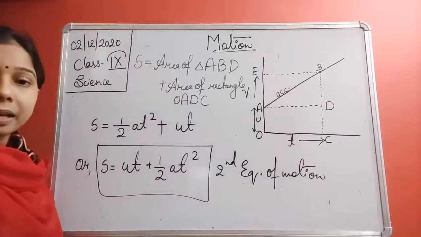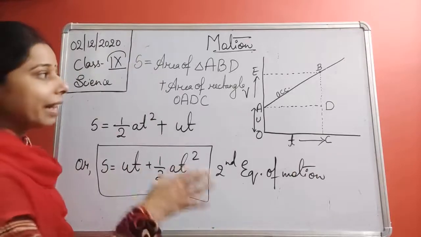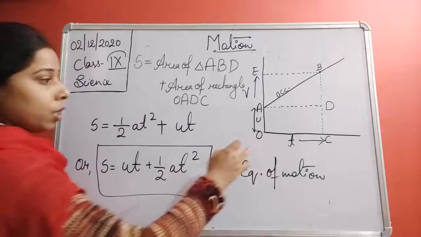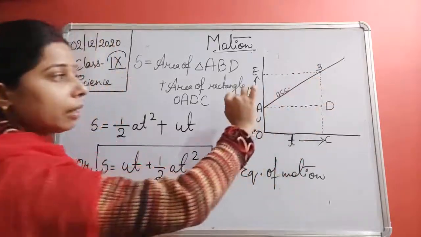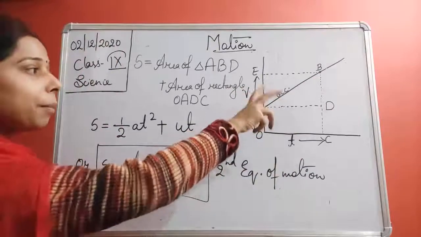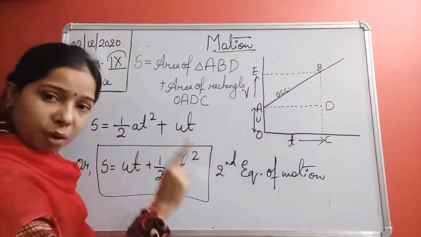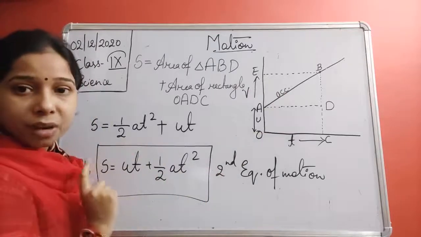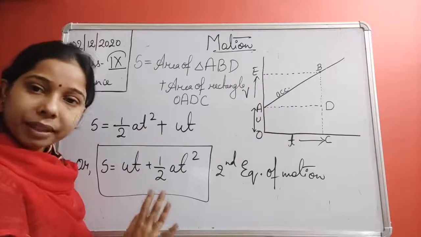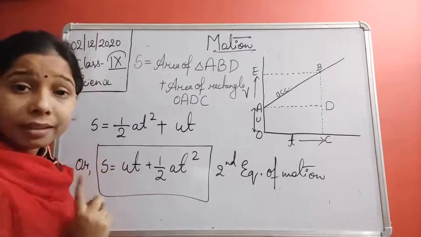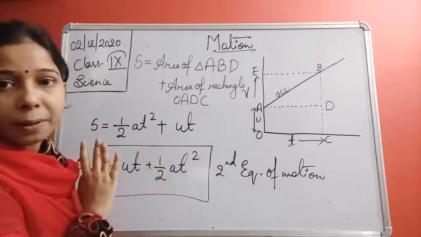So with the help of the graph itself, we have found the second equation of motion. The distance traveled can be found by the area of triangle and rectangle. When we add both of them, first we find the area of the triangle, then the area of the rectangle, and by putting in the values we get the second equation of motion, that is S equals UT plus half AT square.